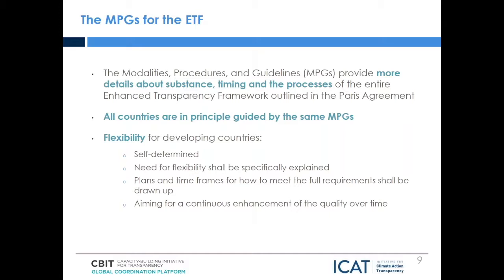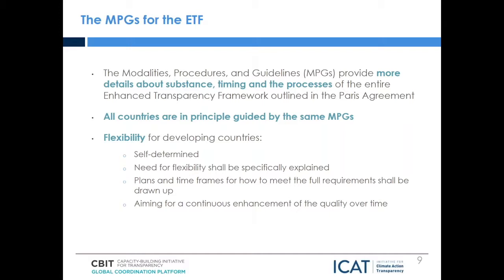In this context, flexibility is to be self-determined by each country, and in cases of the application of the flexibility provision, the country concerned will have to explain in which area and why it has applied the flexibility provision, and the constraints that don't allow it to comply with the original requirements.